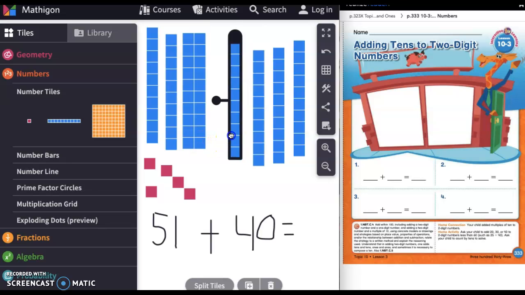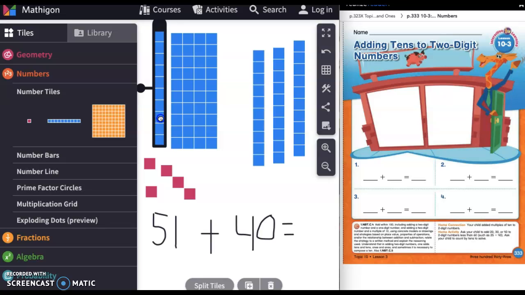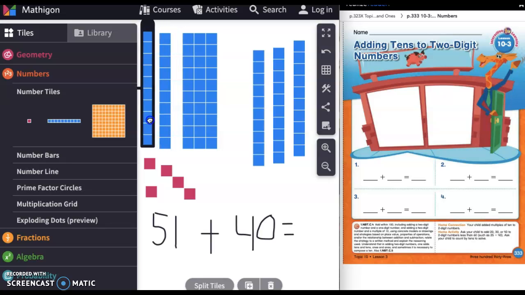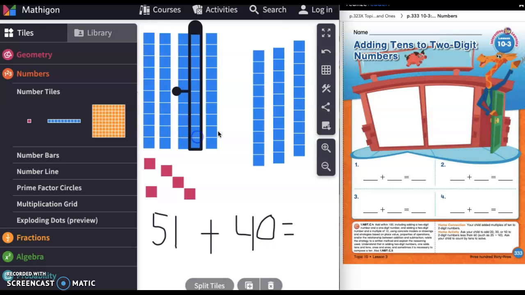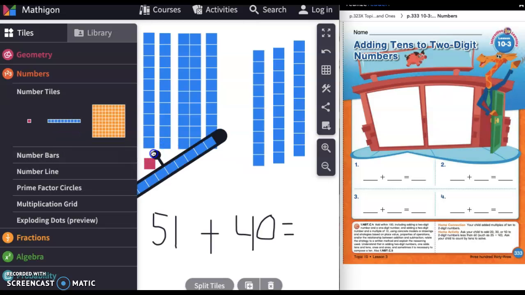I need 5 groups of 10. So right now I have 1, 2, 3, 4, 5. 5 groups of 10 here. And for 51, I only need 1 one. So I'm going to delete this one, this one, this one, and this one. There's 1 one. Over here for 40, I need 4 groups of 10. I only have 3, so I need to add another one.